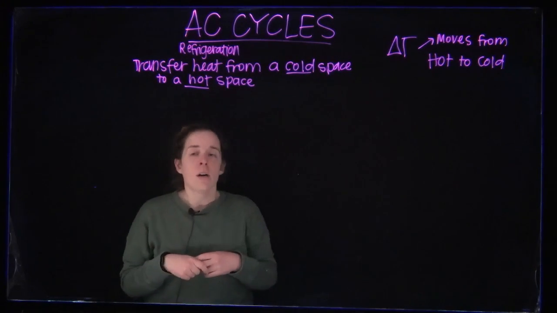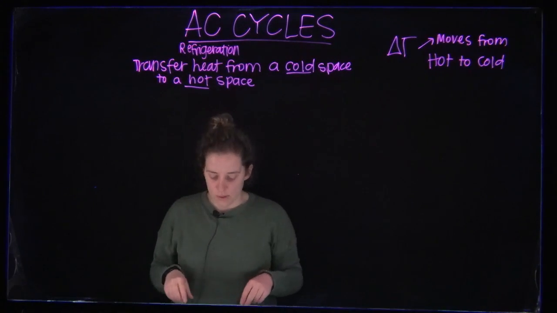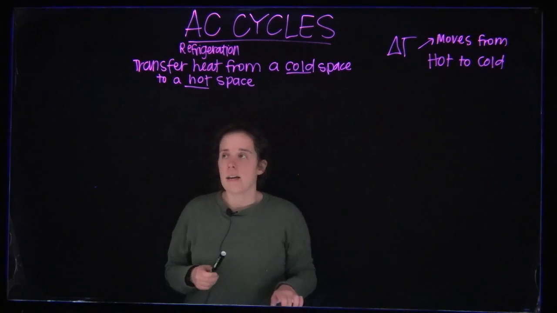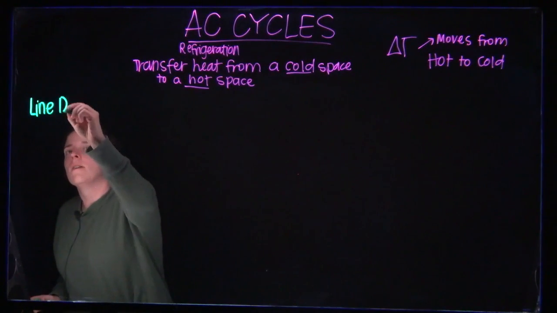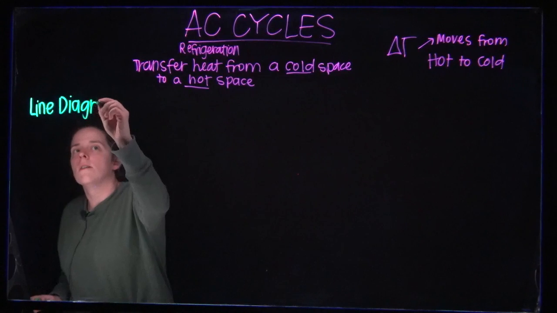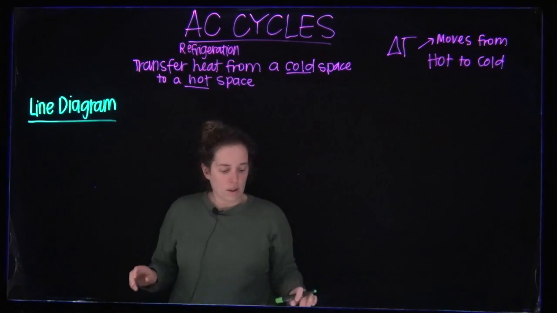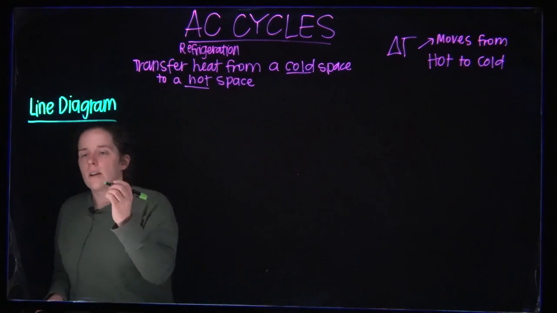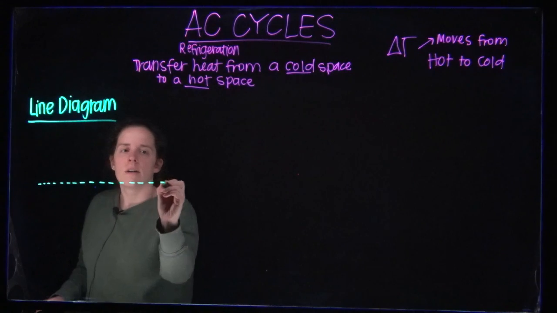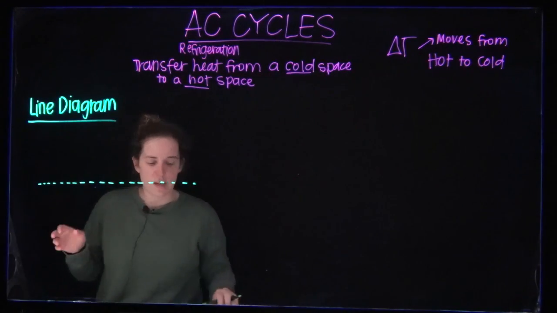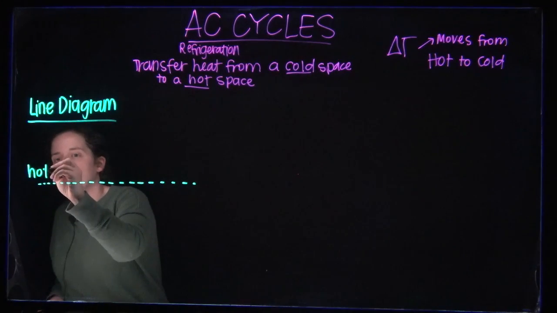We are going to talk through here, similarly to what we did for a Rankine cycle, starting with a line diagram. Okay, so line diagram, let's think about here. I want to draw our divide here of thinking about our hot space.